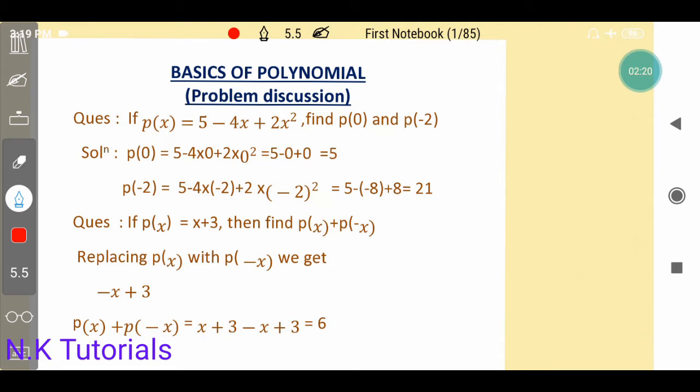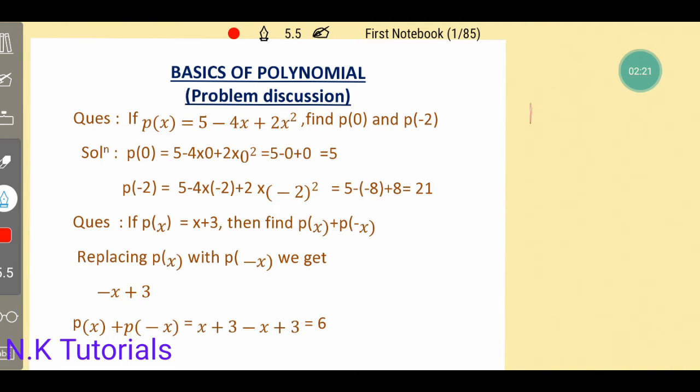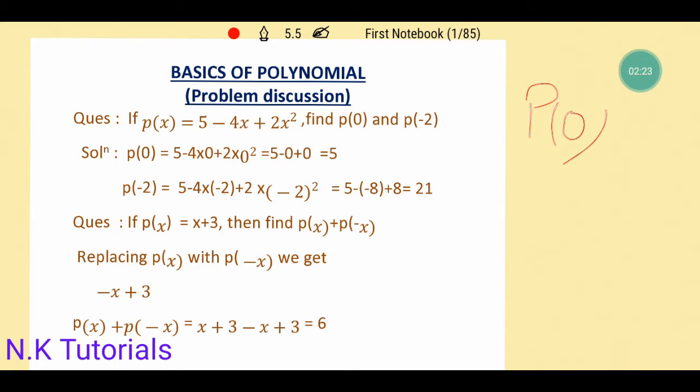Okay, let's find the value of p(0). The p(x) function we have is 5 minus 4x plus 2x square.